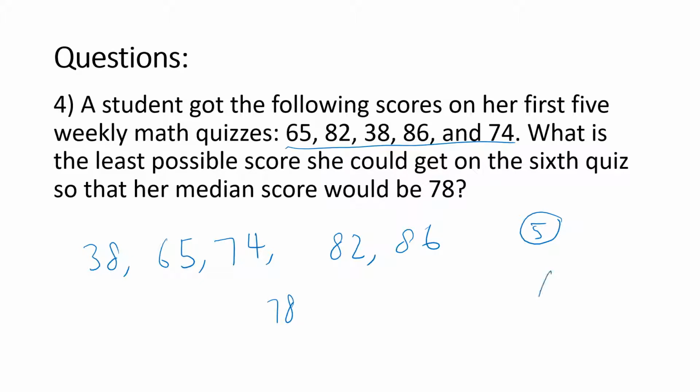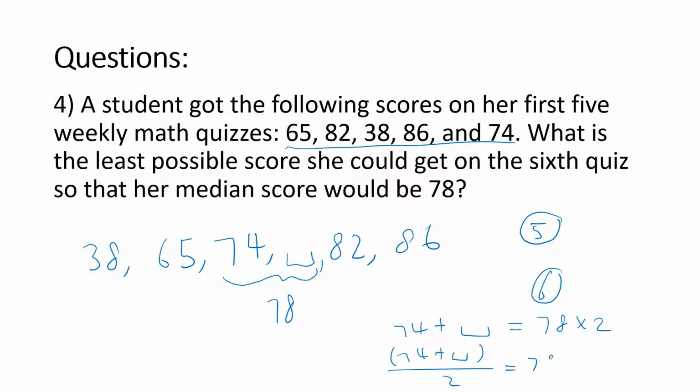With a total of 6 numbers, remember the median would be the average of the middle 2 numbers. So the average of the middle 2 numbers is 78. So 74 plus something, the average equals 78.